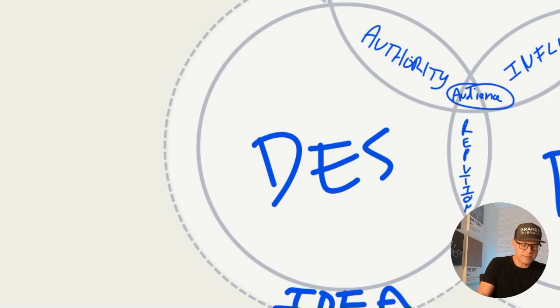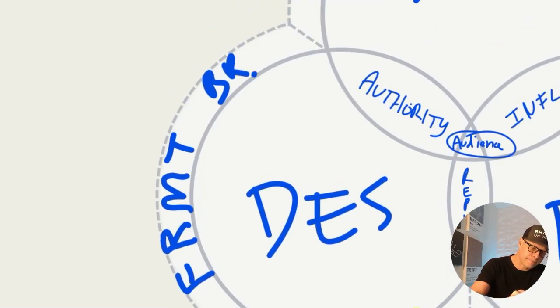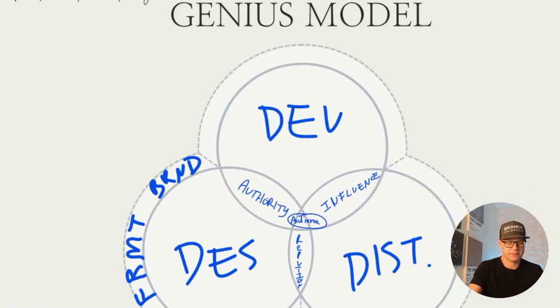And that's what we're going to be talking about today. And then the second step is the format of the show. And then the third is the brand of the show. All right, that's the design phase.